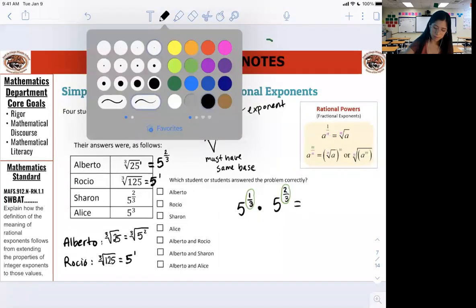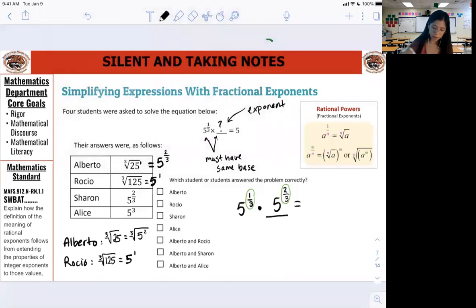And what do we get? 1/3 plus 2/3 is 3/3, which simplifies to just 1. So 5 to the power of 1, or just 5. We wanted it to be 5, and that one worked out. So Alberto gets a check mark.